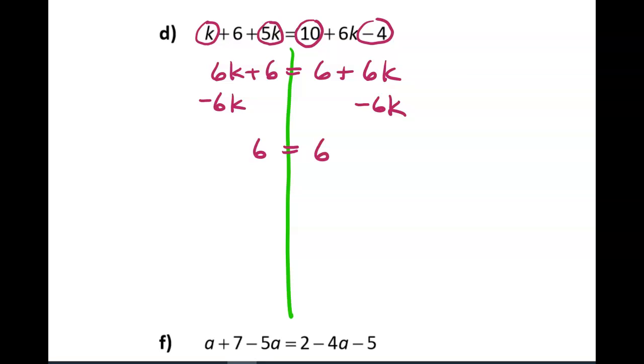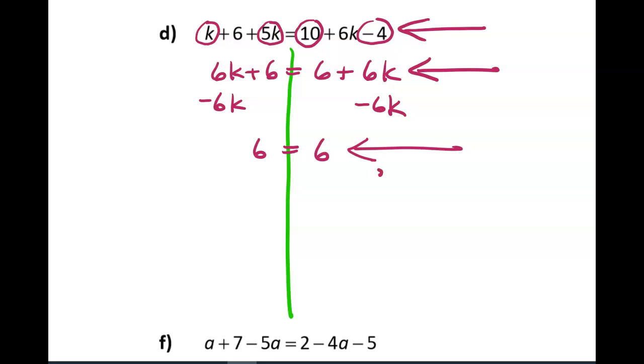Now remember what I said before, we have an equation that is equivalent. That means each of these equations, the original one, the second equation that we wrote, and the last equation that we wrote, they all have the same solution. That is, they have the same value of k that makes them true.